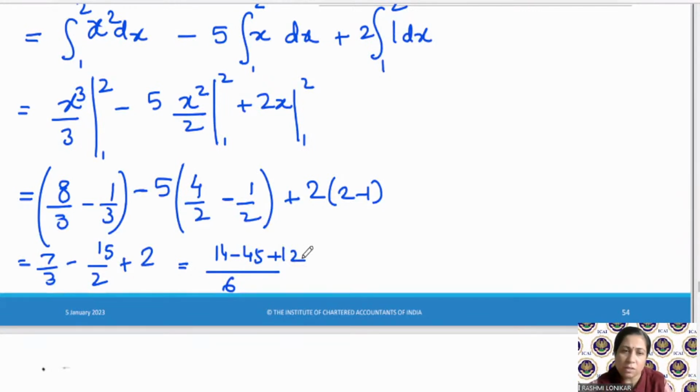So how much is this? 14 plus 12 minus 45, which is equal to minus 19 upon 6.